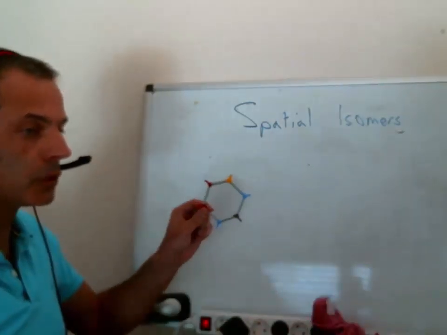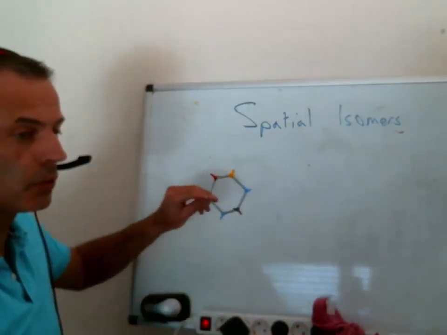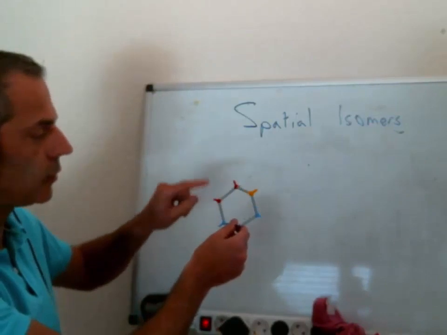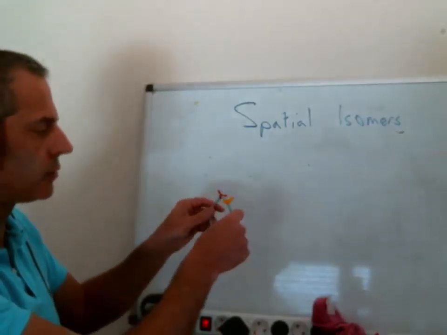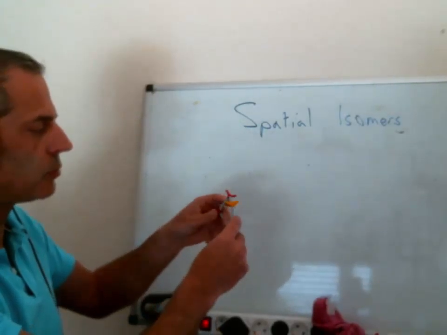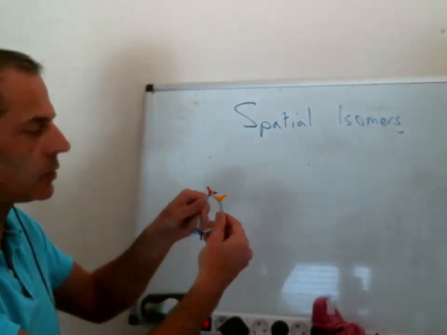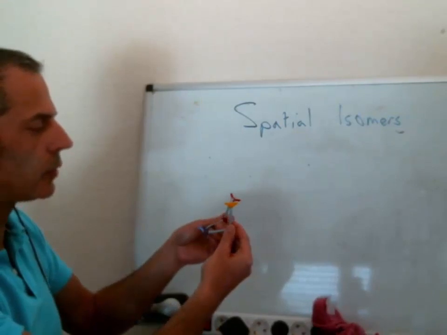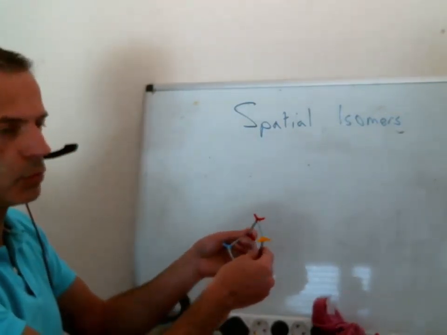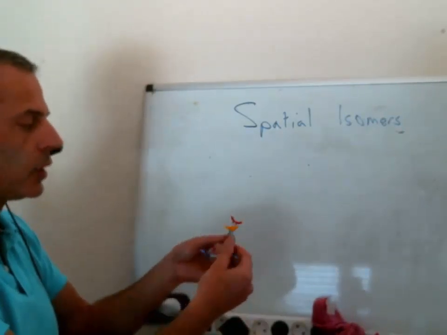Another way of stopping bonds from rotating is to make them into a ring. So if we have a ring of carbon atoms here, don't worry about the colors, I ran out of molecules in my set. You can see this ring is somewhat floppy because the bonds can move, but we can't rotate it fully through without breaking something.